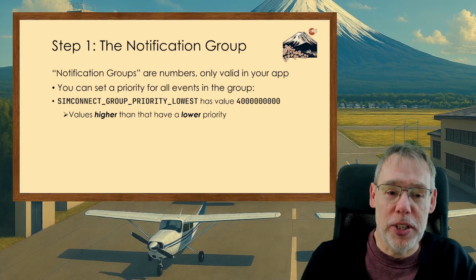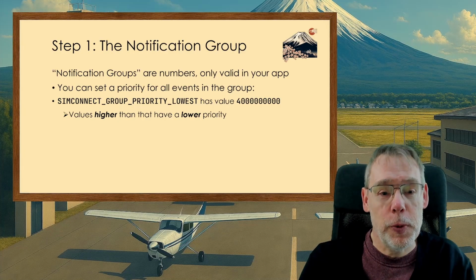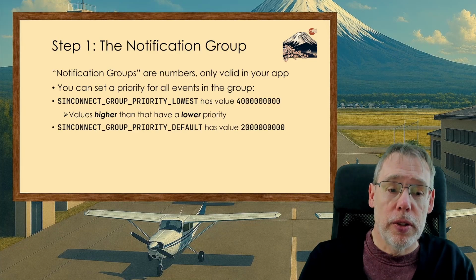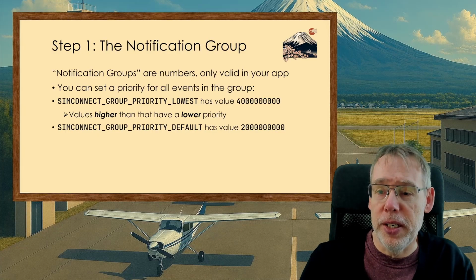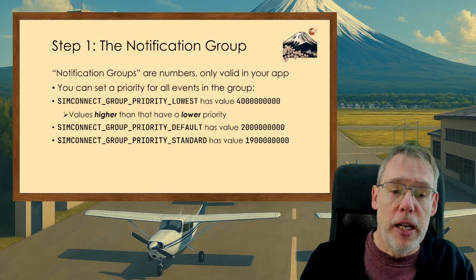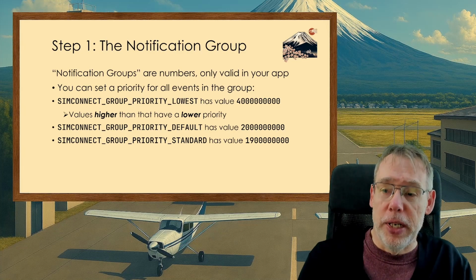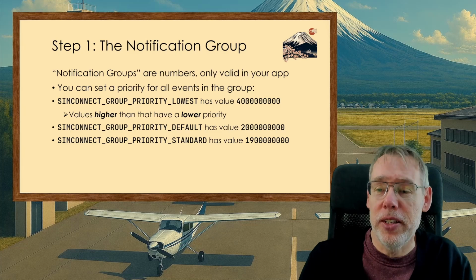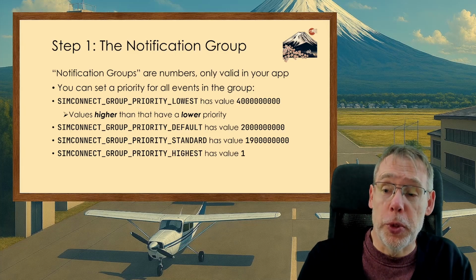So if you use a value higher than SimConnect Group Priority Lowest, then it will have a lower priority. There is a SimConnect Group Priority Default, which has a value halfway down from lowest. And then there is a standard priority, which is a bit below and therefore has a higher priority than default. And of course, the highest priority is not 0, but 1.